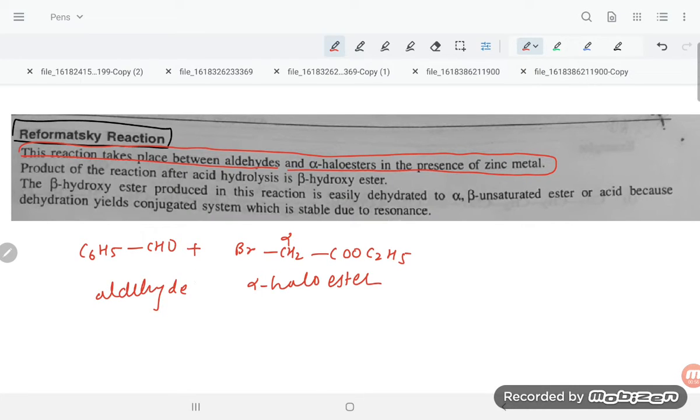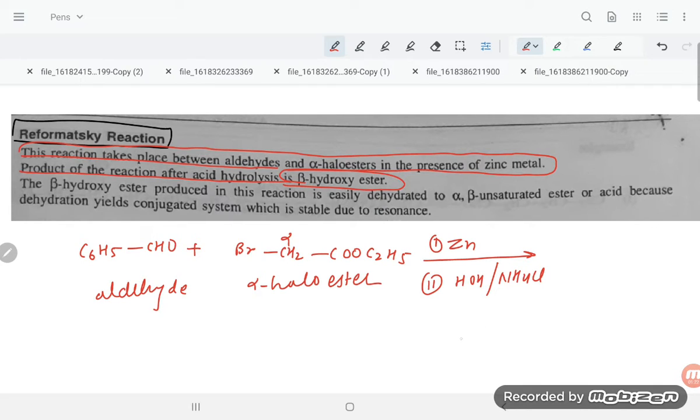Now what they are saying: the product of the reaction after acid hydrolysis is a beta hydroxy ester. If you do the acid hydrolysis in the presence of zinc, students, you use H2O, or you can say NH4Cl. So you are going to get a beta hydroxy ester.